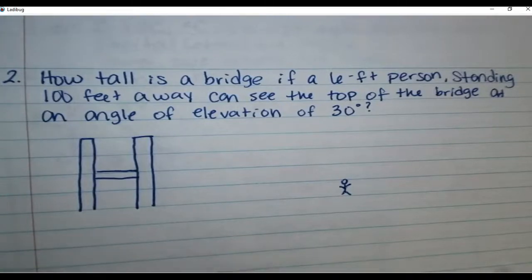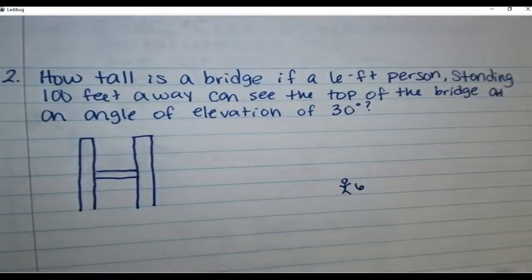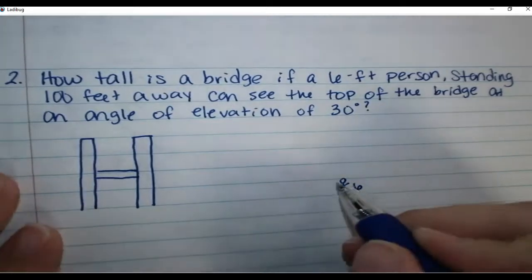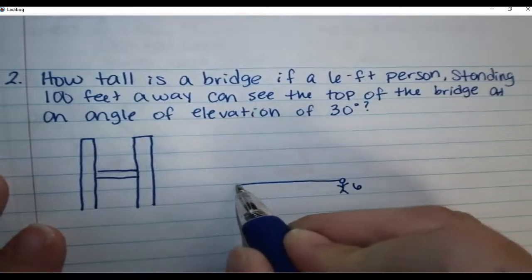So it tells me that this person is 6 feet tall. And it also tells me that he's 100 foot away from the bridge, but they're looking at an angle of 30 degrees. So, since it's an angle of 30 degrees and that's where he's looking, we want to draw our triangle from his eyeballs to the bridge.